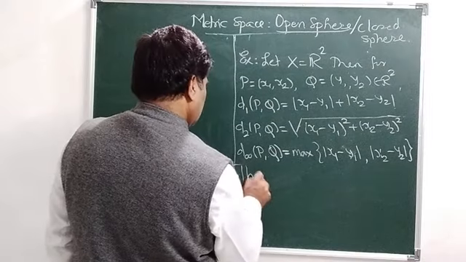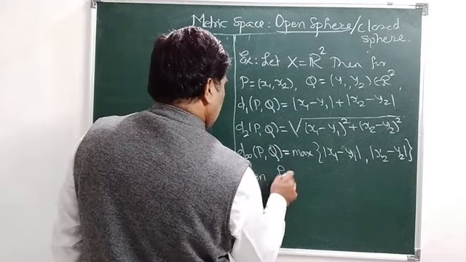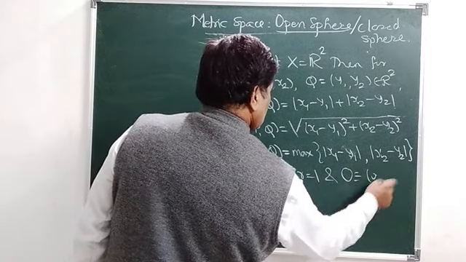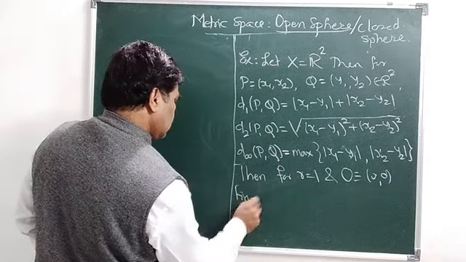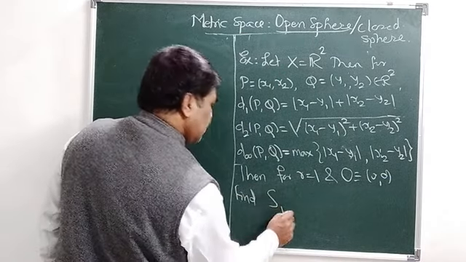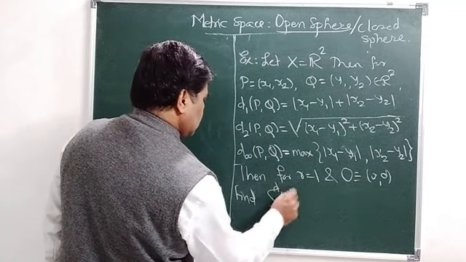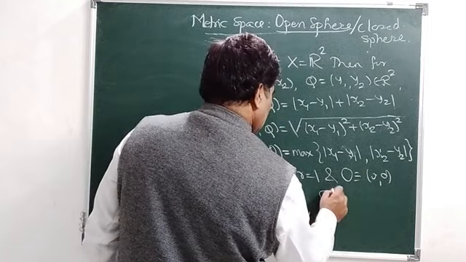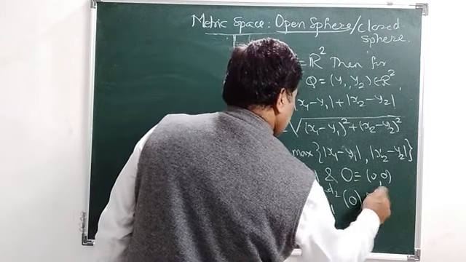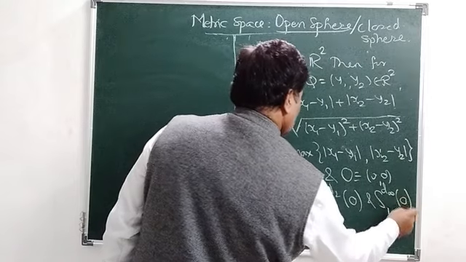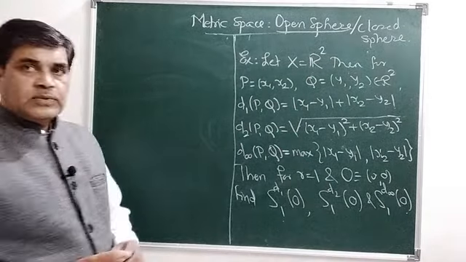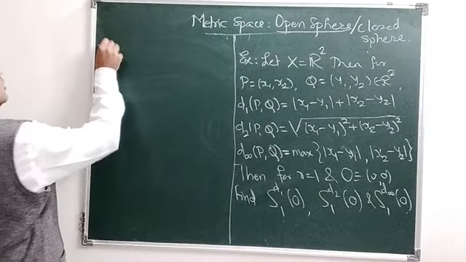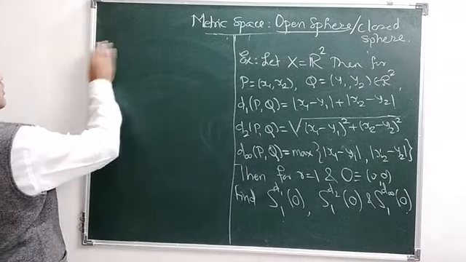Then for r equal to 1 and O equal to (0, 0), find S_1(O) with d1, S_1(O) with d2, and S_1(O) with d infinity. The center is the origin.